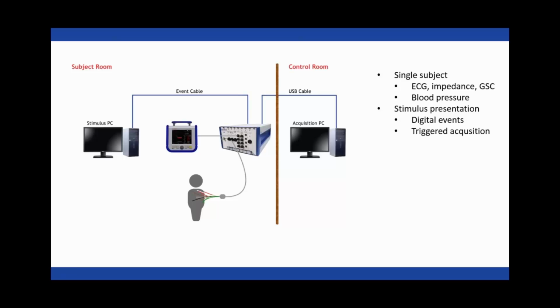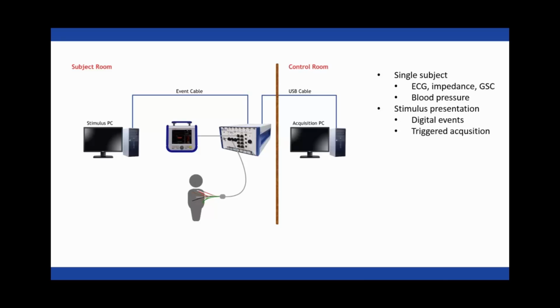In this particular example, we're again going to be doing a single subject, and we're going to be doing ECG, impedance, and GSC. But in this case, we're also going to be using a transducer, a blood pressure machine. And along with that, we're going to be sending events to BioLab from ePrime, or from some sort of stimulus presentation system that sends digital events.